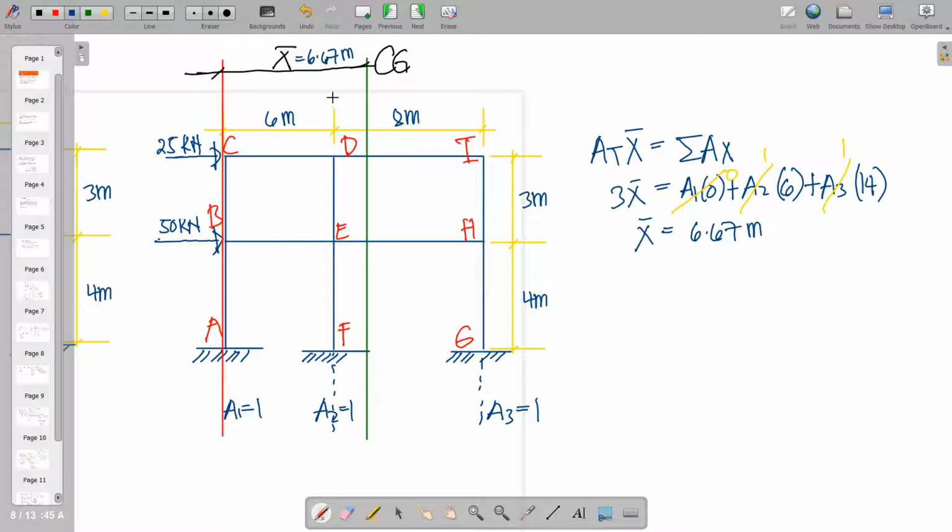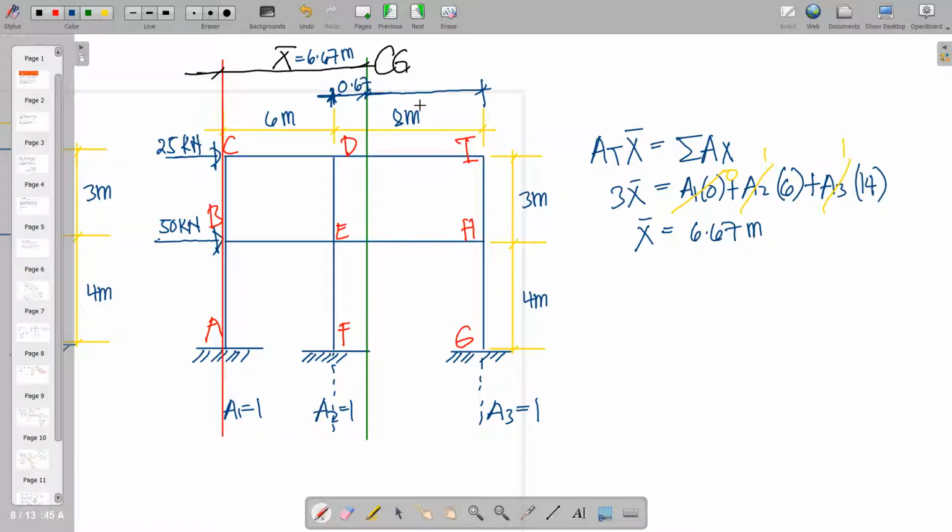And we take note that this distance is 0.67, and we just deduct that from 8 to solve for this distance.